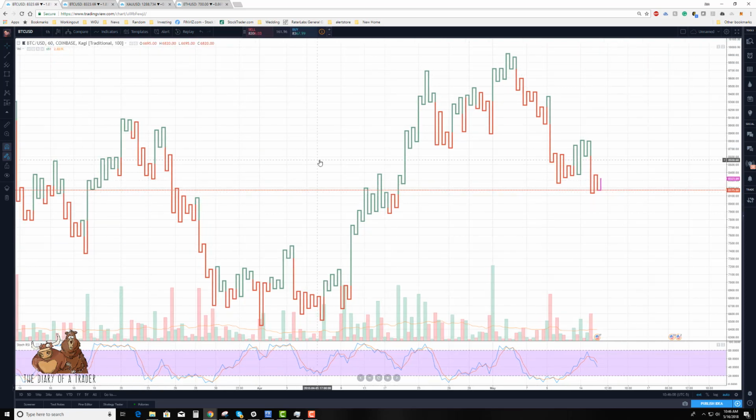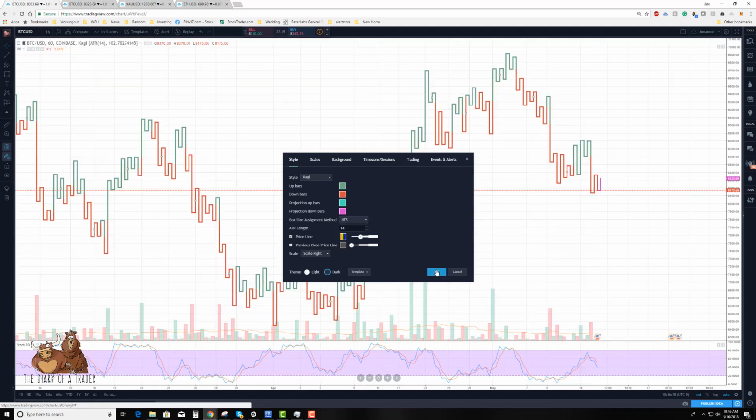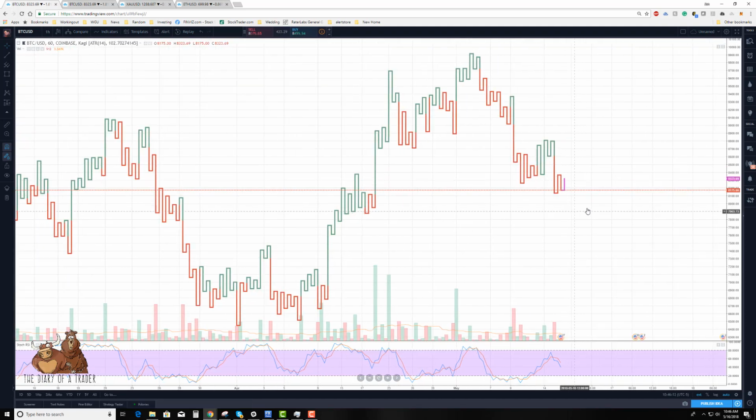But I really want to point out very quickly that if you're using TradingView and you're watching this video, when you go to the Kagi chart, you probably have it set to ATR. And ATR is not something you want to leave on a Kagi chart, or rather any chart like Renko and Kagi and line break.